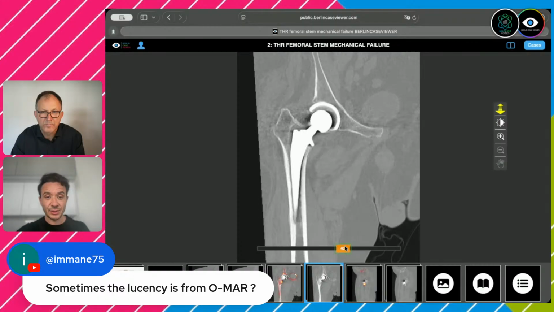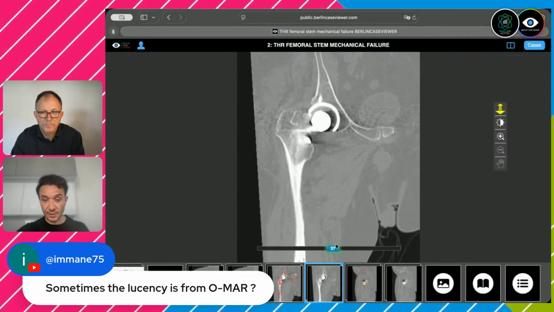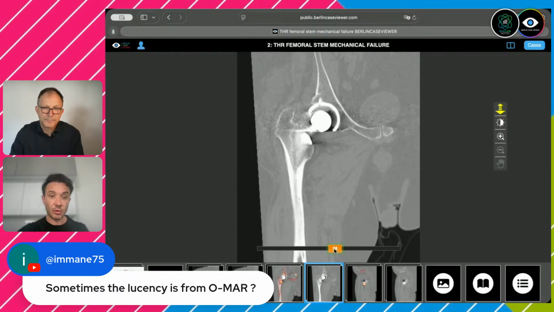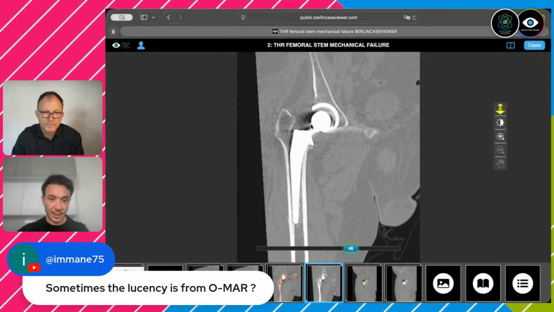So what you can do if you don't have the previous radiographs is draw a line over the most superior aspect of the greater trochanter, and you copy that and you find the most superior part of the shoulder stem.